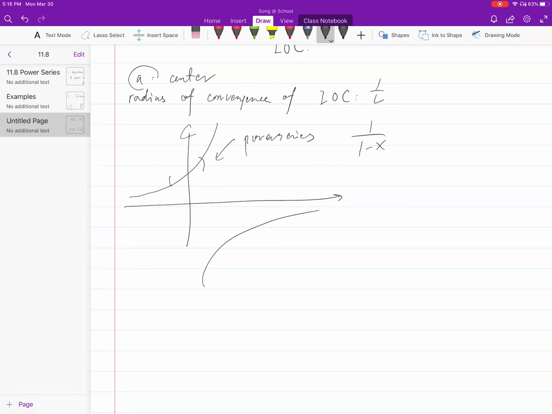You can solve it, and you will have an interval. On this interval, this works. And you will always have a center. You will always have this equal distance from the center, telling you it only works for an interval like this, with a center, going left and going right by an equal distance, which is the radius of convergence.